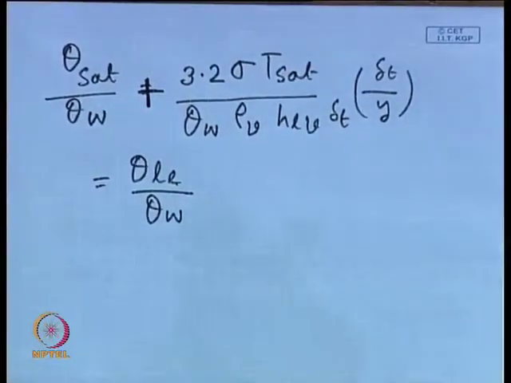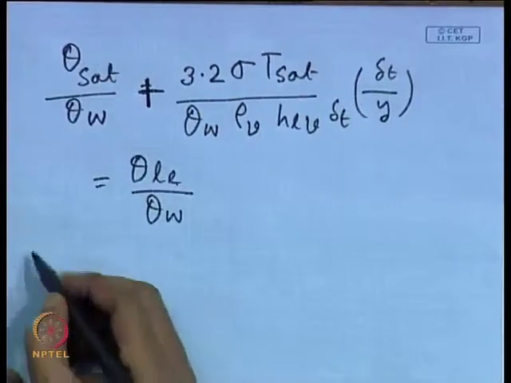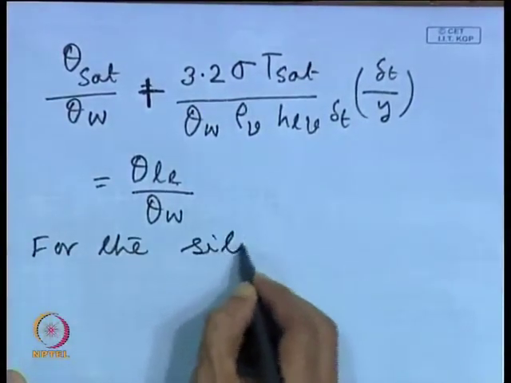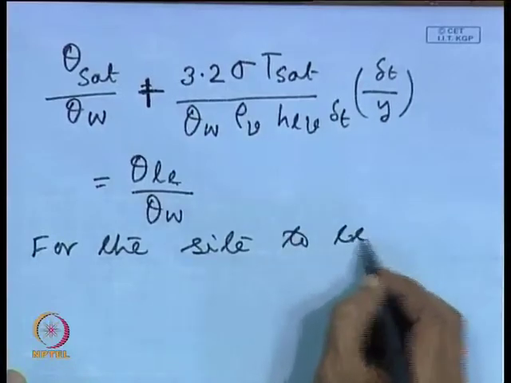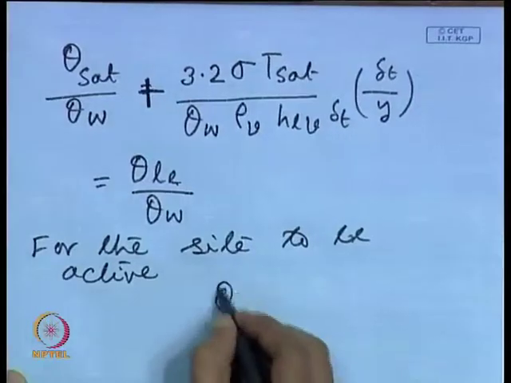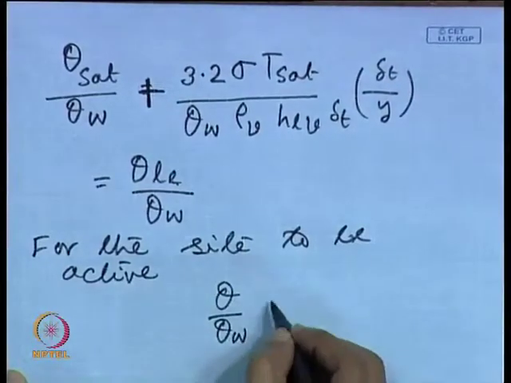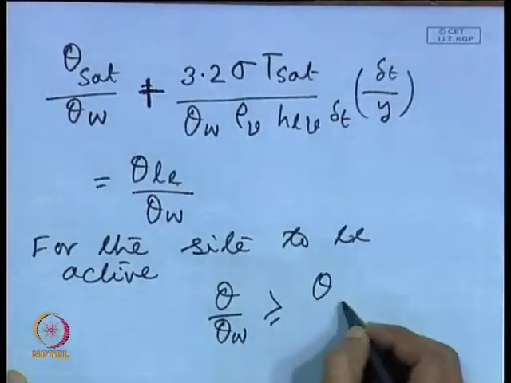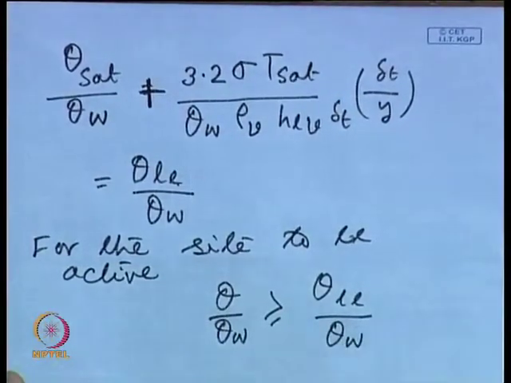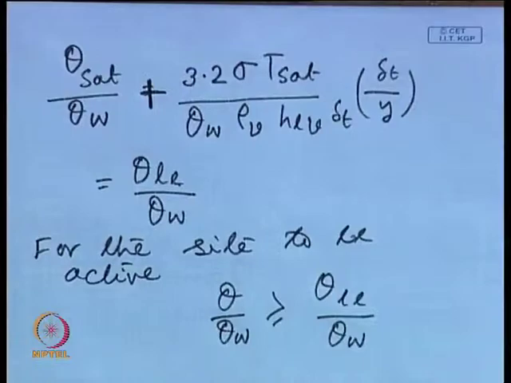Now, if the nucleation site is to be an active site, then theta by theta w should be theta L E by theta w. Obviously, this is not a very great thing.